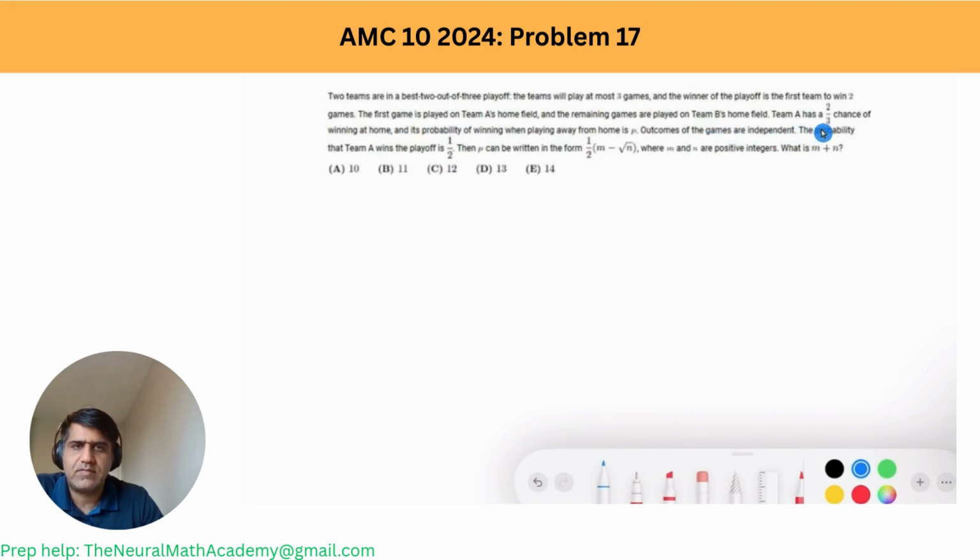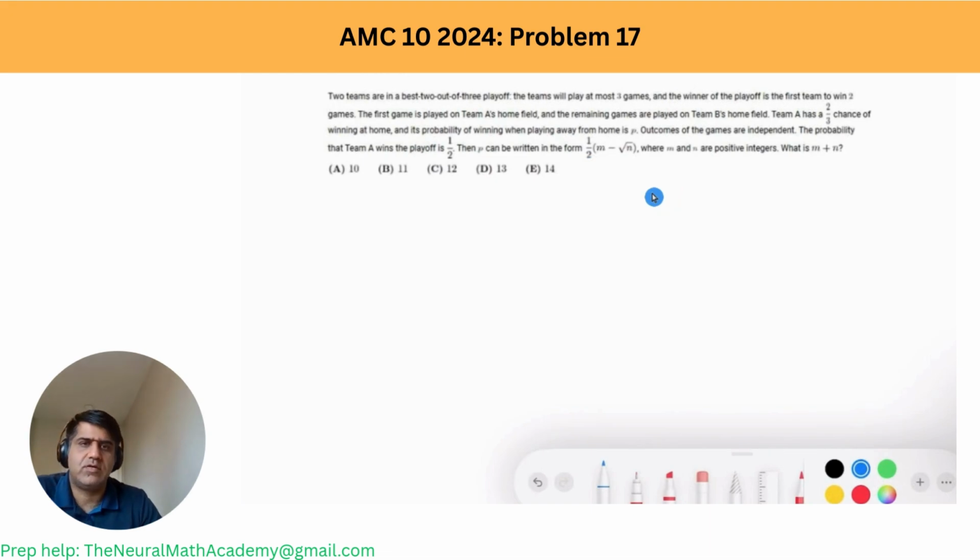Team A has a 2 by 3 chance of winning at home, and its probability of winning when playing away from home is P. Outcomes of the games are independent. The probability that Team A wins the playoff is 1 by 2. So we are given the total probability as well.